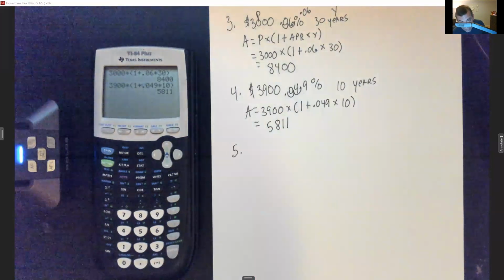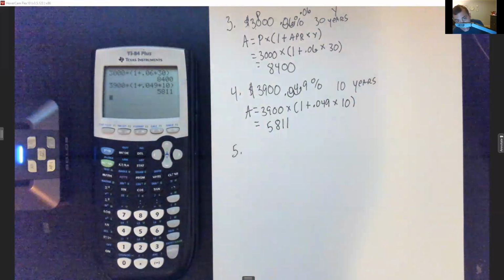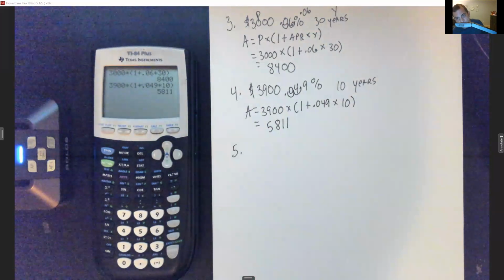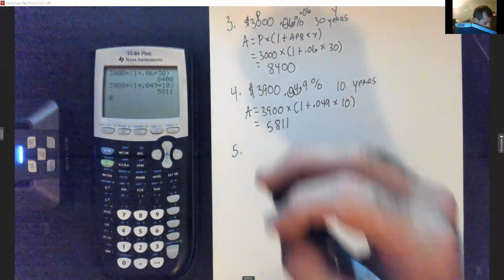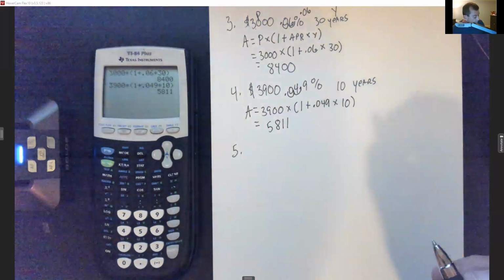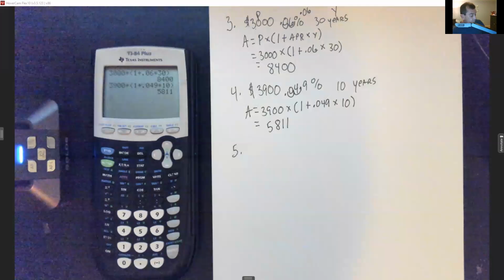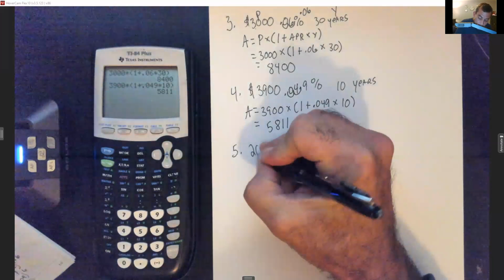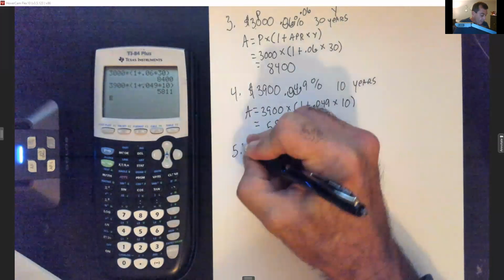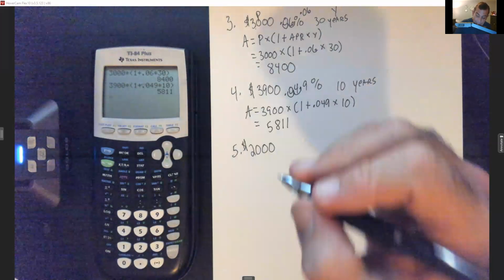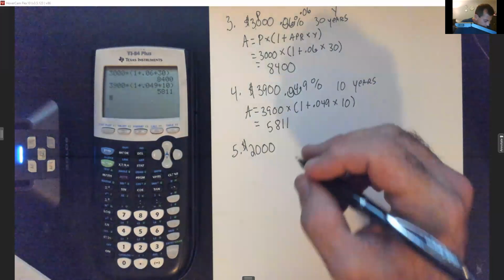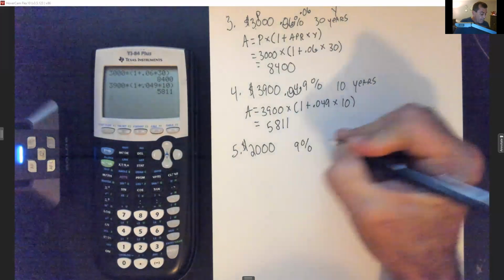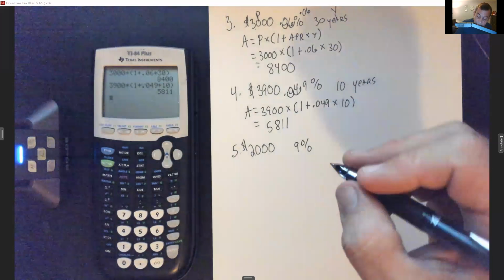All right, now watch this. And number 5 says, use the compound interest formula. So they're telling me I'm using my compound interest formula. All right, so here's the question. $2,000 invested at an APR of 9% for 6 years.